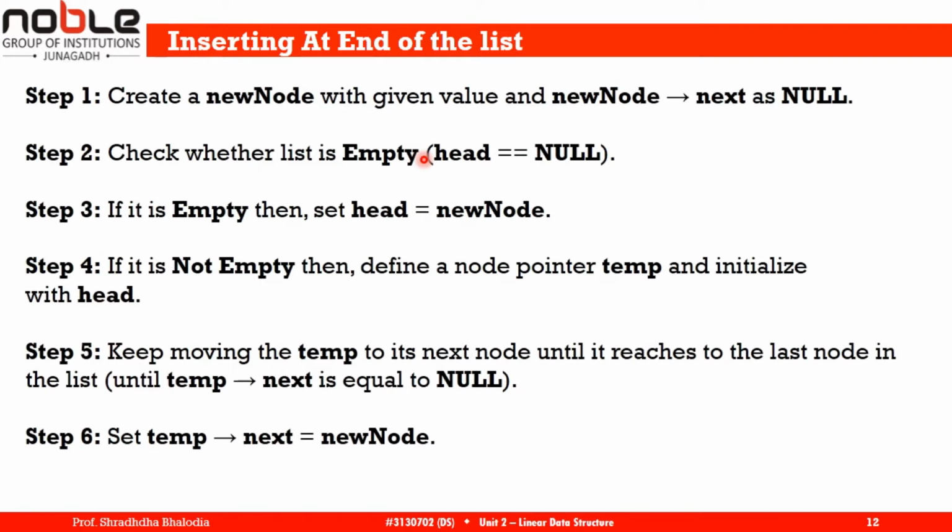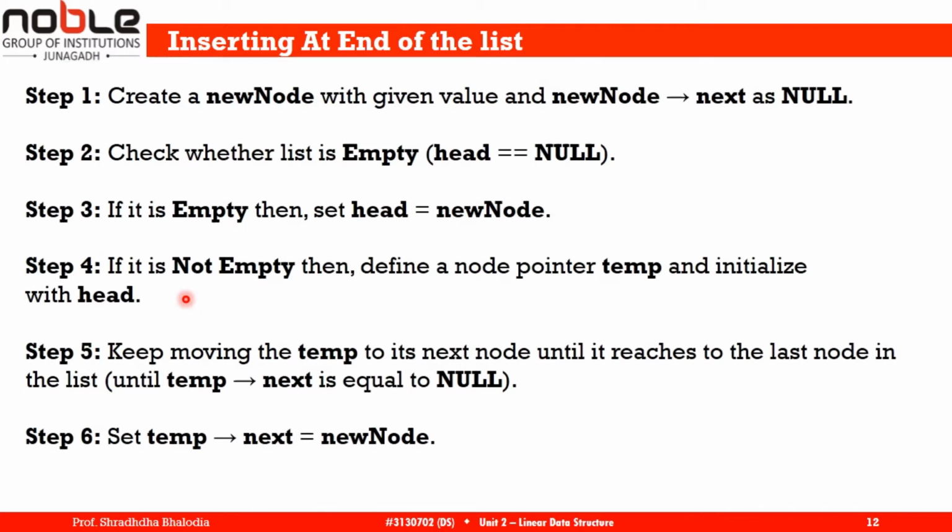Check whether the list is empty. By checking whether head is equal to null, we can check whether the list is empty or not. If it is empty, then set head equal to new node. If it is not empty, then define a node pointer temporary and initialize it with head. We initialize temporary because we need to find the last node in the list.